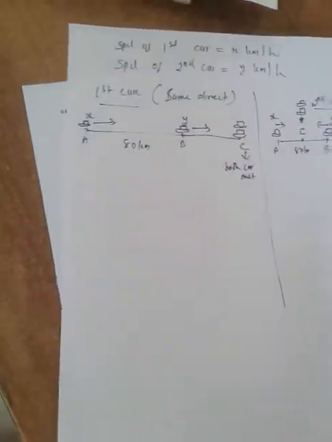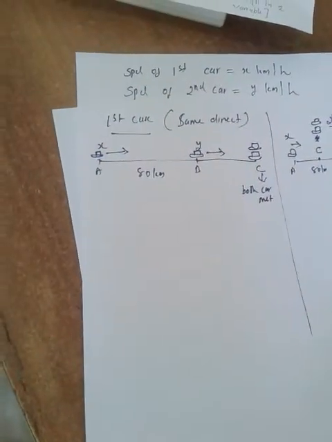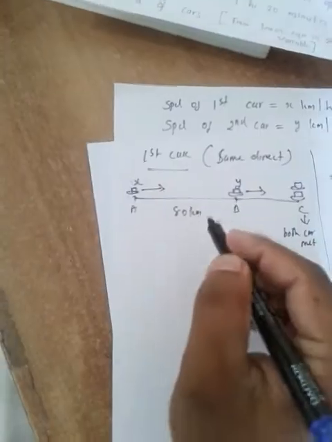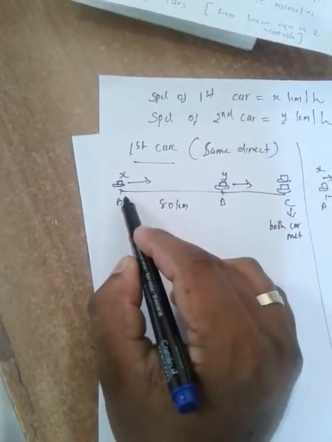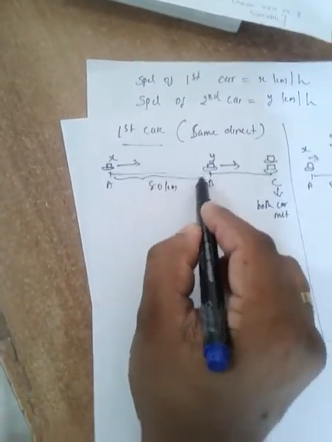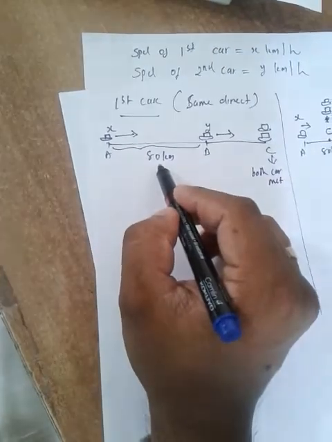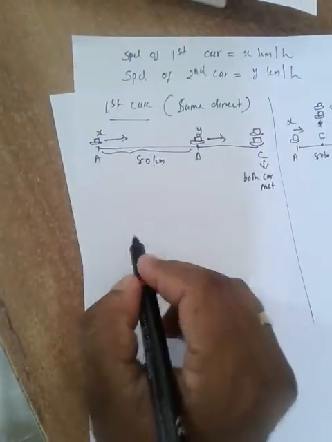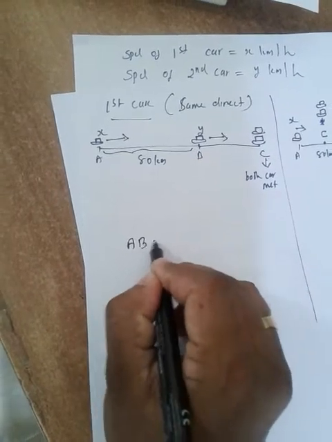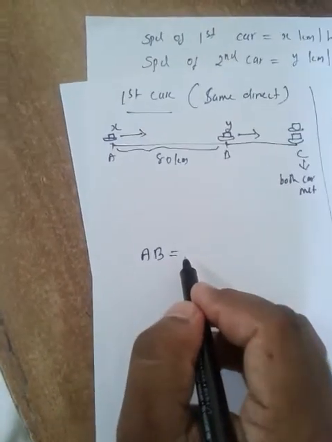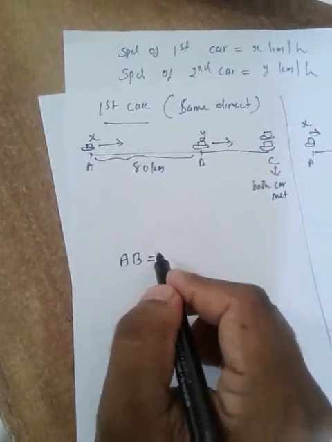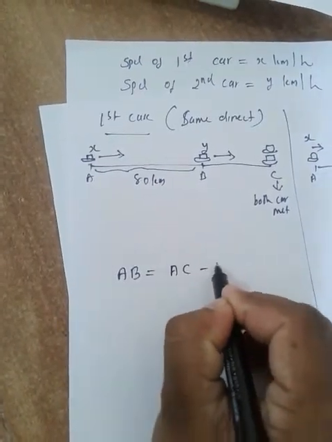Then I have to form an equation. Listen. See, here AB is given, 80 kilometers, no? AB is given as 80 kilometers. So can I write like this? From the figure of the first case, it is very clear that AB is equal to AC minus BC.